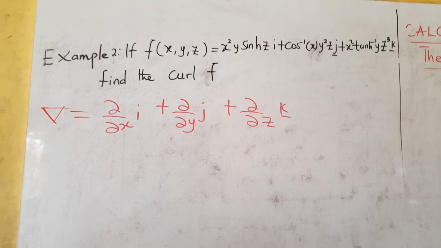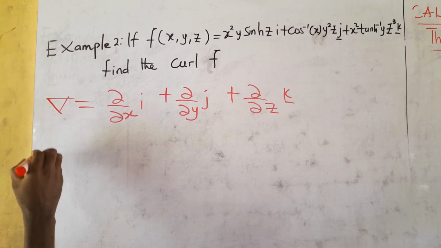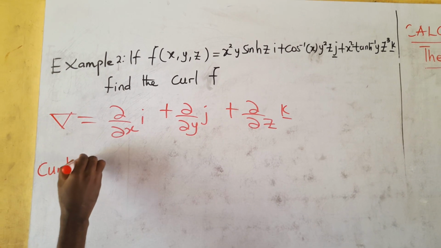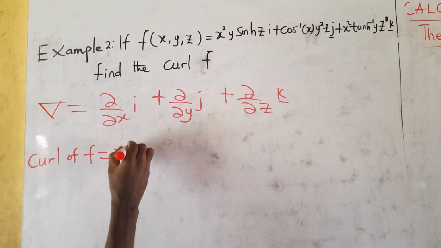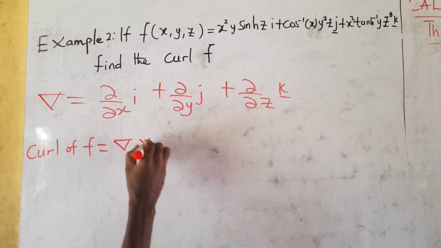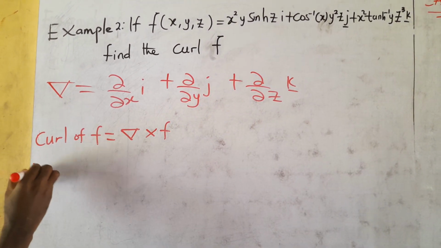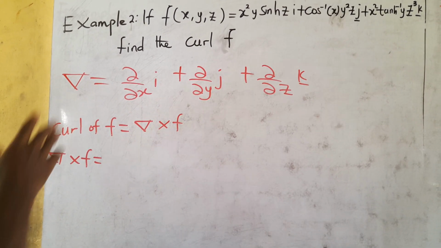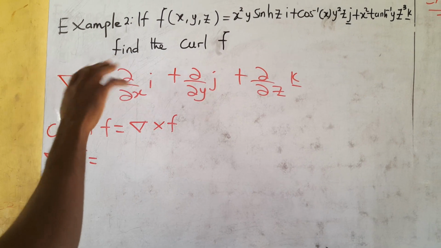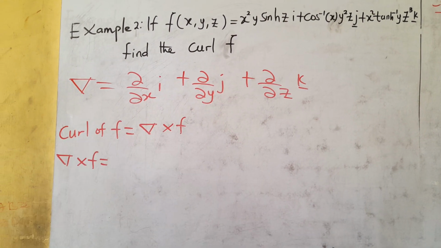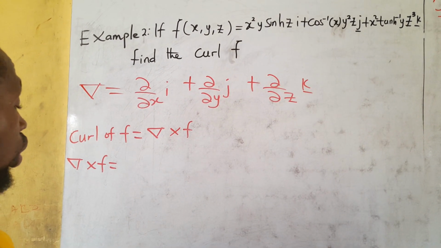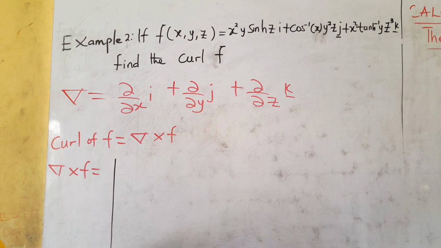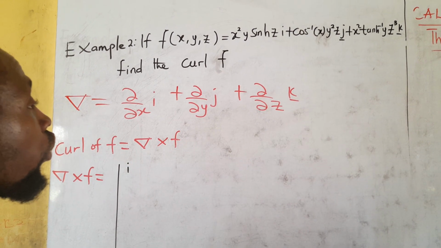So, when we are asked to find the curl of f, it is just the cross product between the differential operator and f. And what is that equal to? Since both the vector field and the differential operator are three-dimensional vectors, their cross product will be the determinant of a 3x3 matrix, where the i, j, and k form the first column.